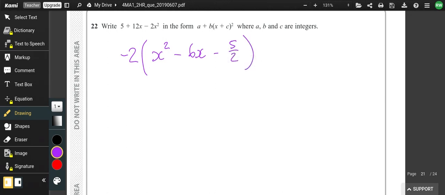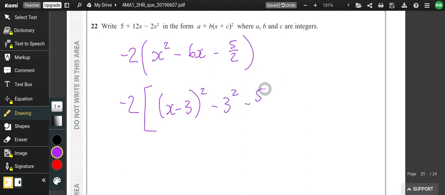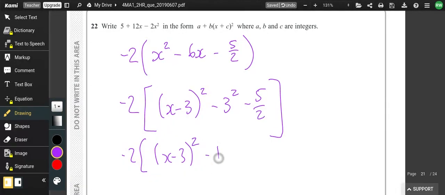So I've taken a factor of -2 out, and now I can complete the square on this bit here. So I'm going to do x minus 3 all squared, minus the 3 squared, and minus 5 over 2. So I get minus 2 times x minus 3 squared minus 9 minus 2.5, which is minus 11.5.